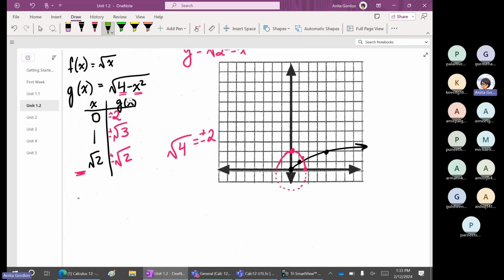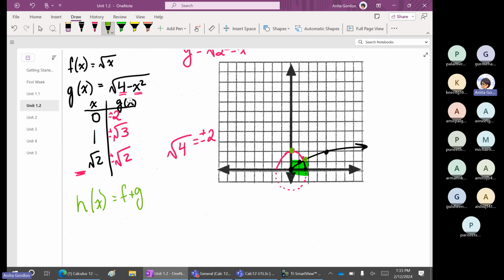Okay, so then our h of x is going to be f plus g. We are taking the values that overlap. So between 0 and 2. Intersection point here, intersection point here.